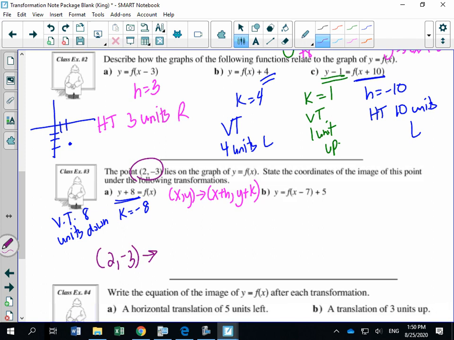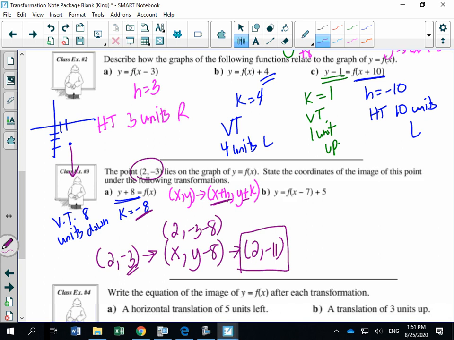There's no h value, so our x stays the same, and our y is going to be plus k, and our k is -8, right? So our x value stays the same, and our y value, which is -3, I bring down 8. So my new coordinate, when I take this and go 8 units down, is going to be at 2, -11.